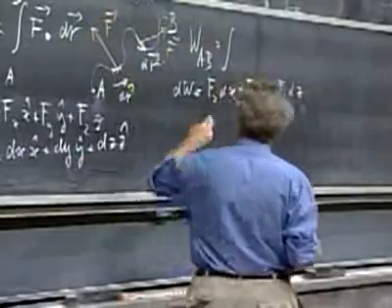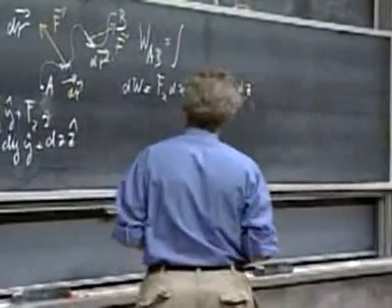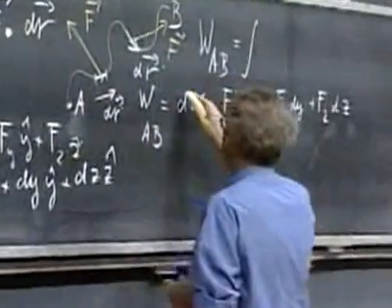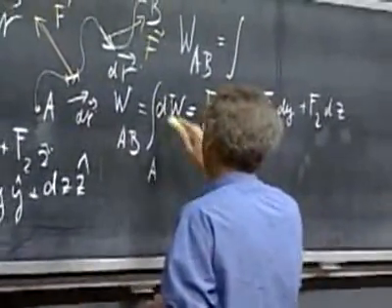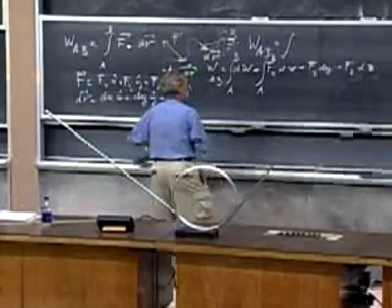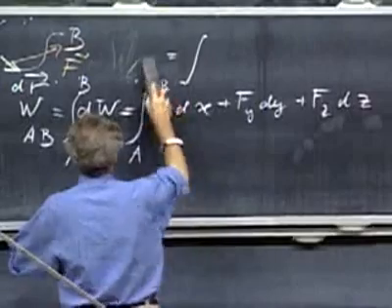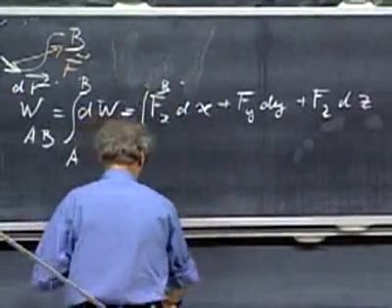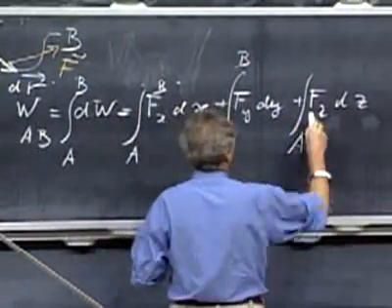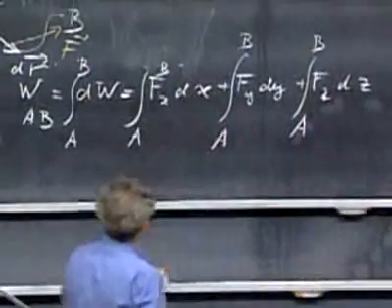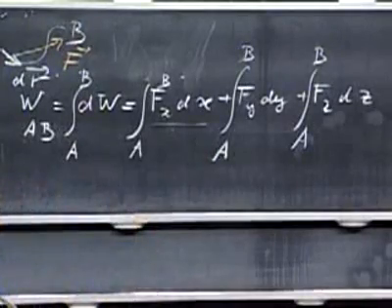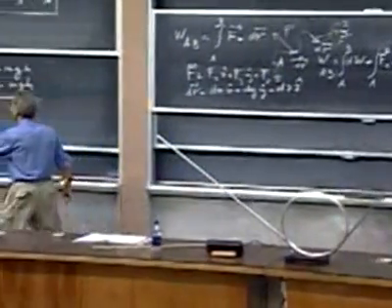Now I have to do the integral over the entire path to get W from A to B. That's an integral going from A to B, integral going from A to B, integral going from A to B. Now we're home free because we already did this. This is a one-dimensional problem, and the one-dimensional problem we already know the outcome.